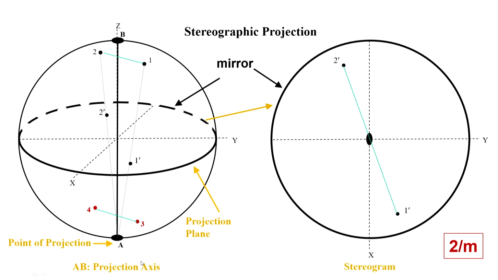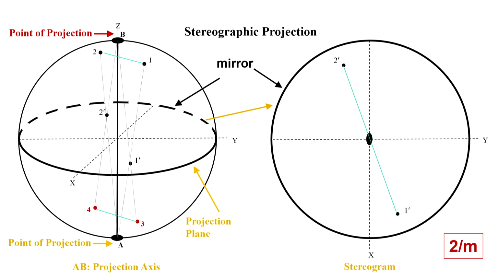So what we do is, for the poles lying in the lower hemisphere, we will use point B as the point of projection. So now point B will be used as the point of projection, and we will connect the poles 3 and 4 to the point of projection in this fashion, and these lines now will intersect within the equatorial circle.